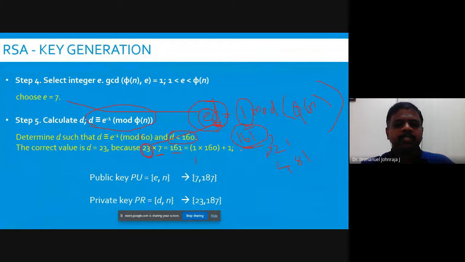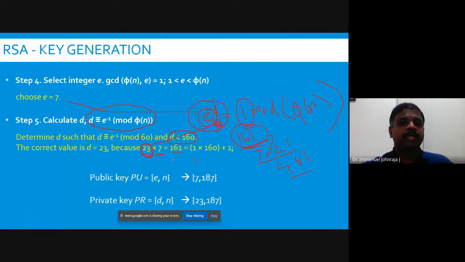If you go for 161 divided by 7, you will get 23. You can find out whether 321 is working. You should go for the minimum one. So obviously you will stop here. You are getting 161 by multiplying 7 by 23. So the value of D is 23.